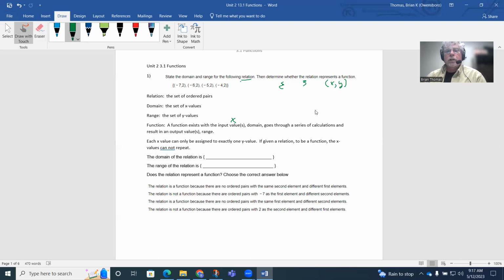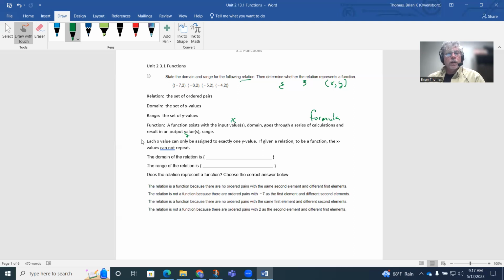The result is what we call output values, or our y values, which we call the range. So for a function to exist, each x value can only be assigned exactly one y value. If a relation is going to be a function, the x values cannot repeat.